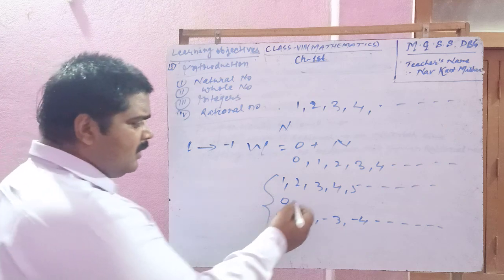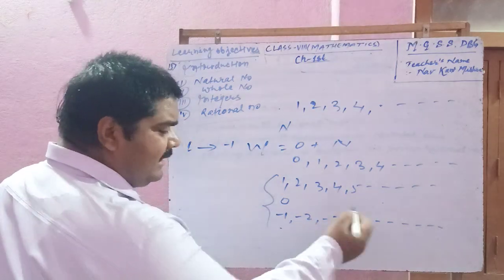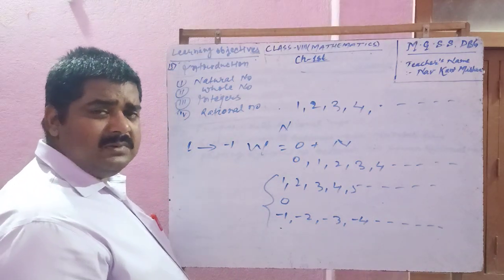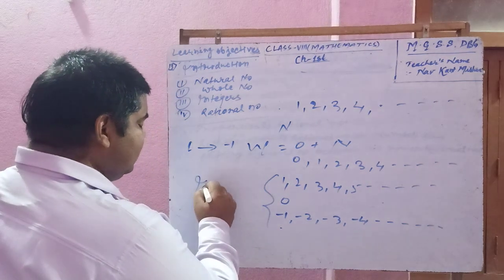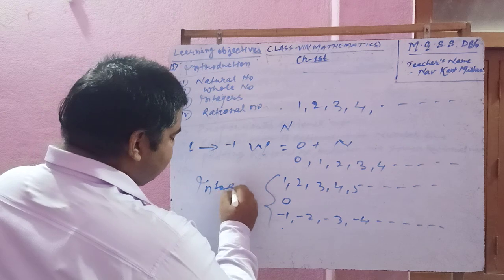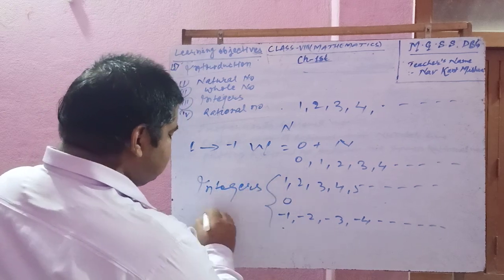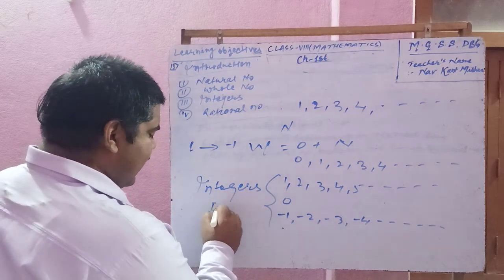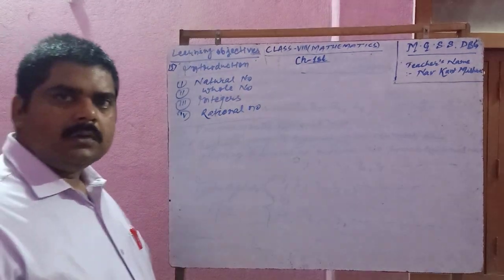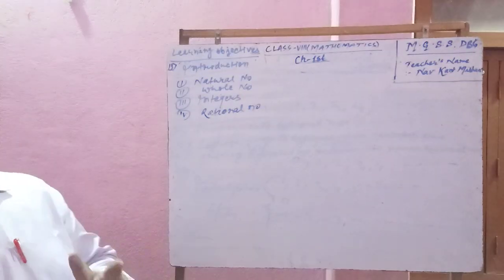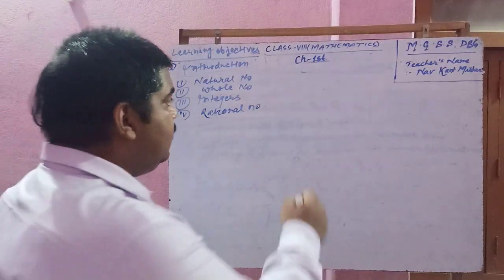So the group of all positive numbers, 0, and negatives of these natural numbers is known as integers. And my dear students, integers is denoted by either I or Z. Integer numbers can easily be explained with the help of a number line.